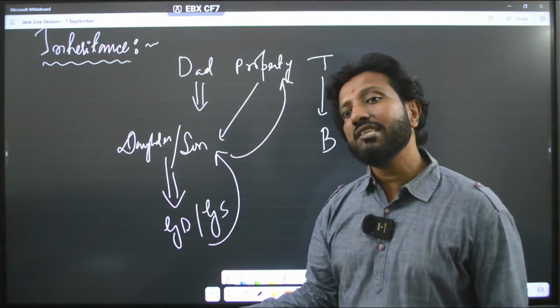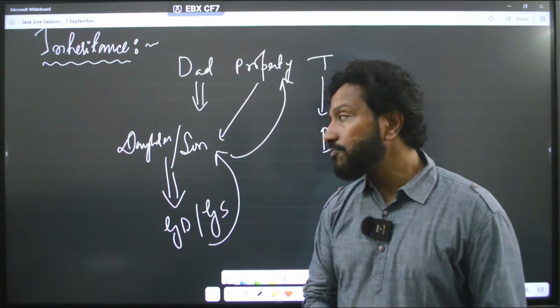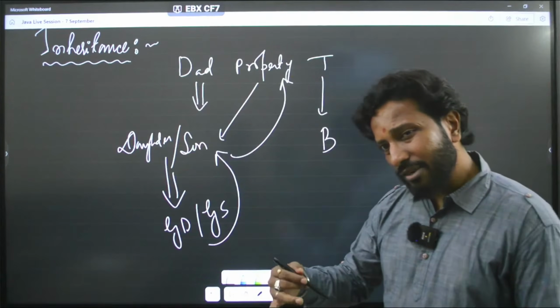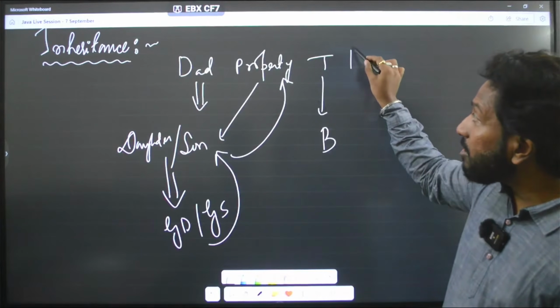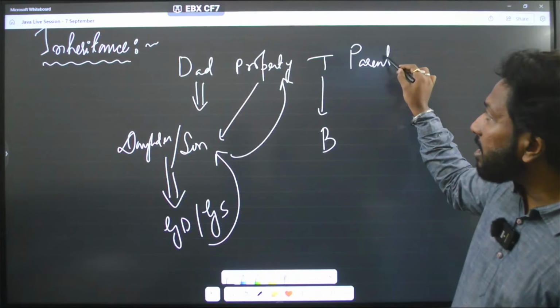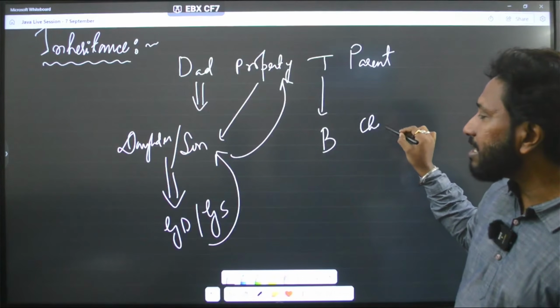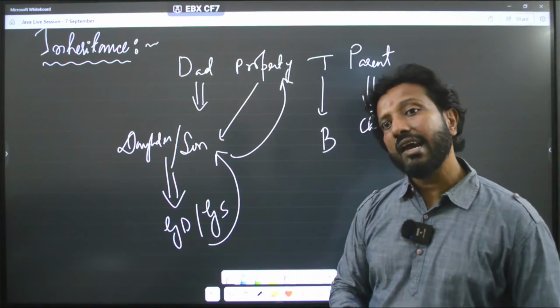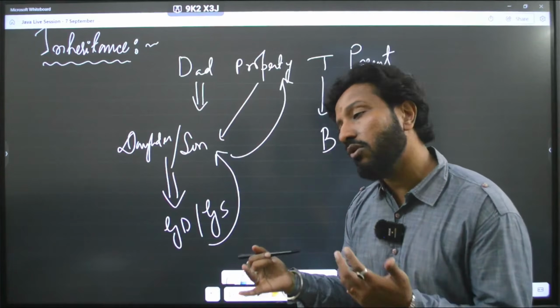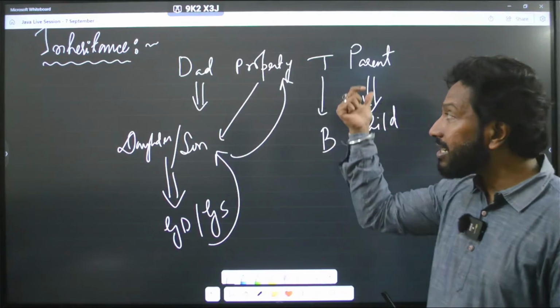Okay, please remember inheritance like this. What I am trying to say here is, we will have a parent and a child relationship, that will be called inheritance. Who will inherit from whom? Always the child will inherit from the parent.